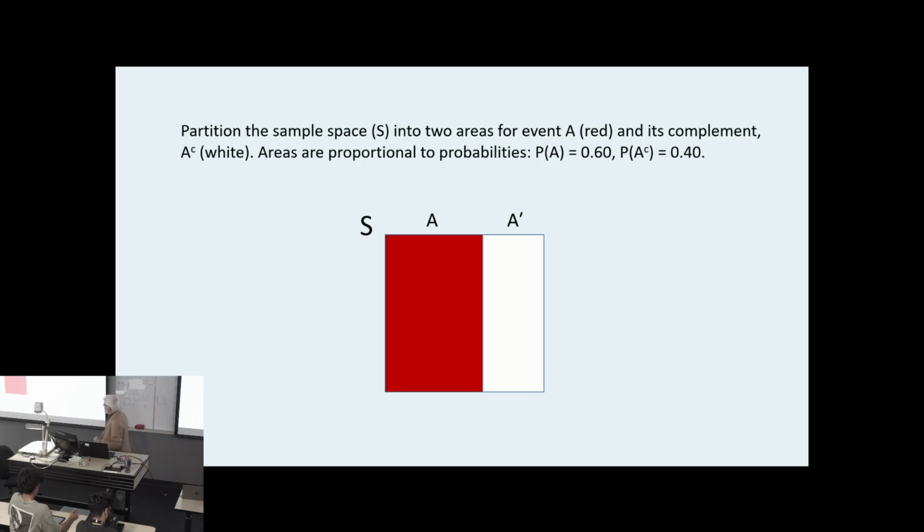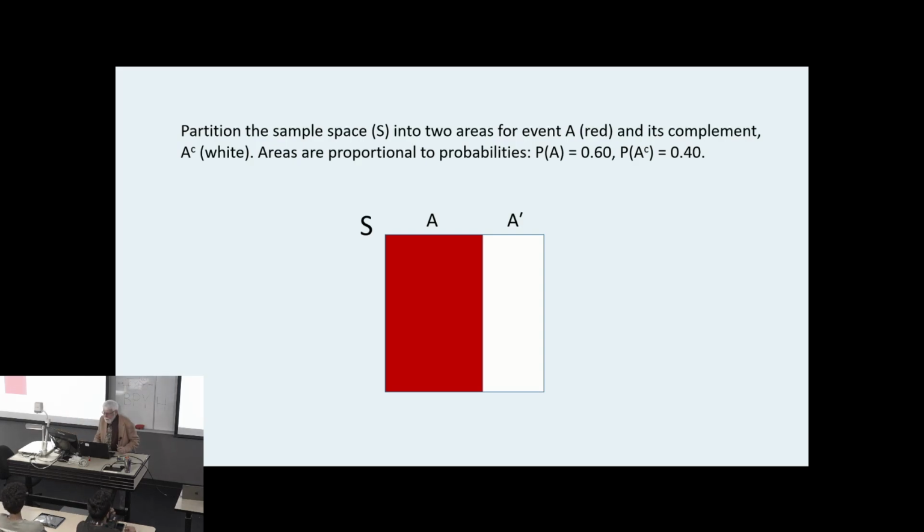So I've set this so A is exactly 60% of S. In other words, it's got an area of 0.6. This should have had a little c, but I used a complement because I made a mistake. I like the little primes, but I'm trying to stick with the little c's. So just say that's little c. I'll fix that in the final slide.